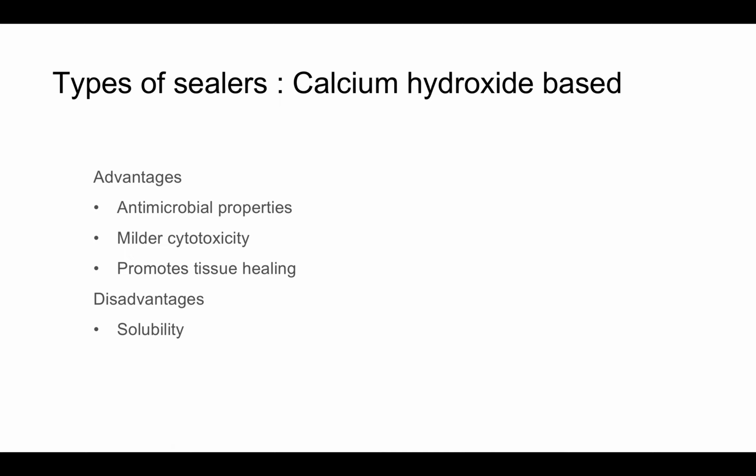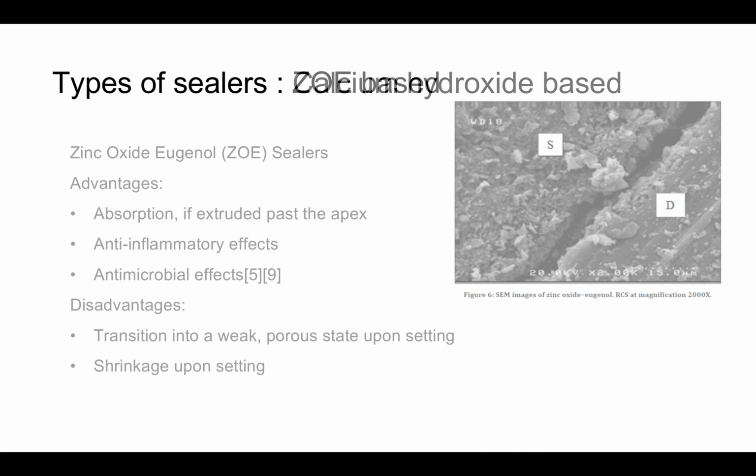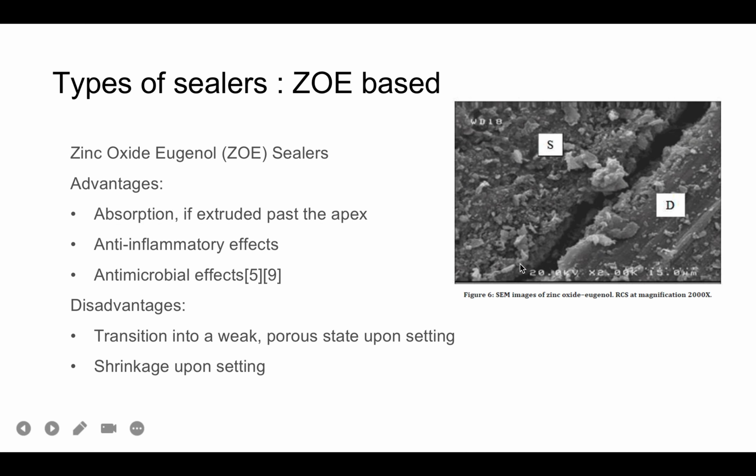Amongst its disadvantages, the solubility. It disintegrates with time. So after a while, the only thing that's going to be left inside the canal is the carapace, and all the sealer is going to be washed away. So for the calcium hydroxide, the same thing can be said as the zinc oxide eugenol. It's going to leave a gap between the sealer and the dentin, or between the sealer and the carapace.